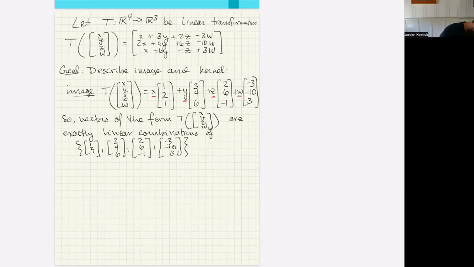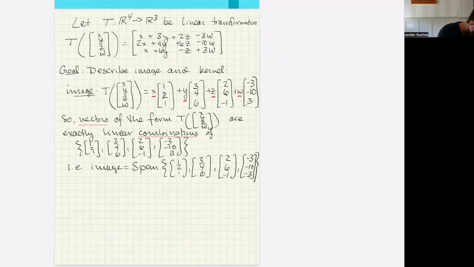In other words, the image is the span of this set.